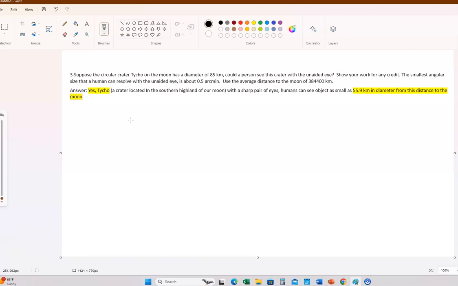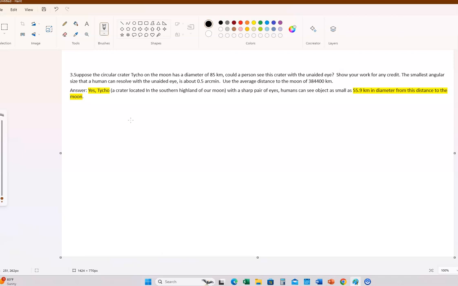The smallest angle that a human can resolve is 0.5 arc minutes. We're going to use the average distance to the moon as 384,400 kilometers. So they're giving you what alpha is.